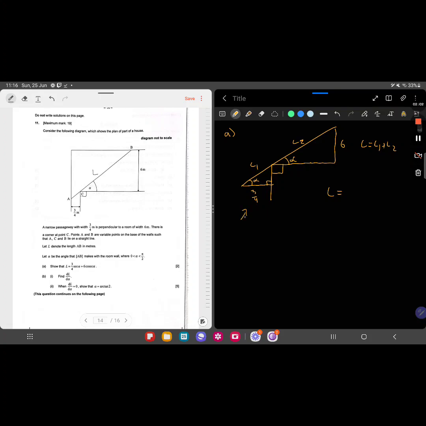For this part, you can do adjacent over hypotenuse, so cos, because we need to get it in this form. I know sec is related to cos, and I can see this cos here, so I'm guessing it's this part.